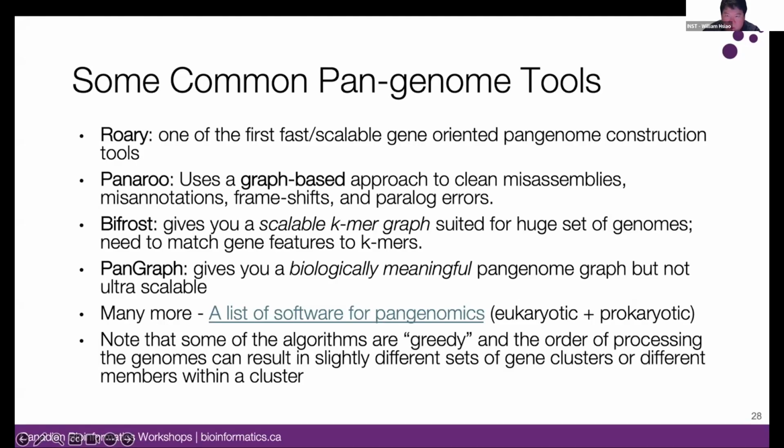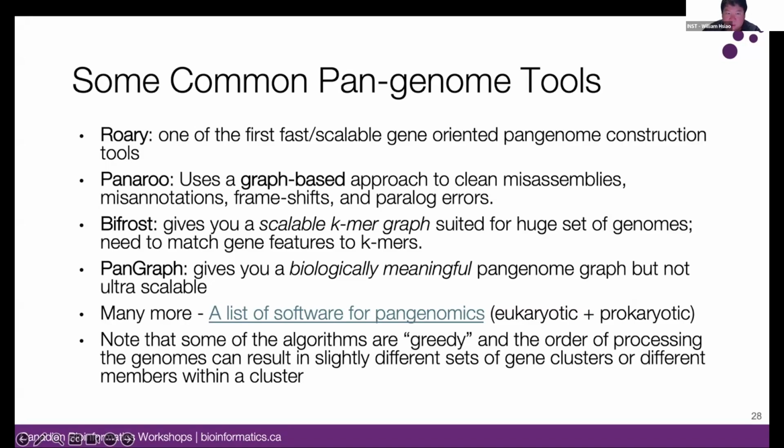You should also know that most of these algorithms are actually greedy, and therefore the order of processing the genomes can result in a slightly different set of genes, gene clusters, right, gene families, or also different members within a cluster.